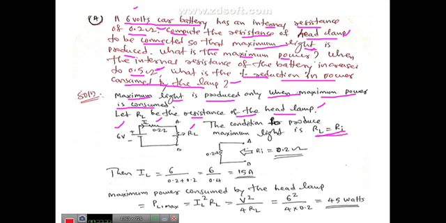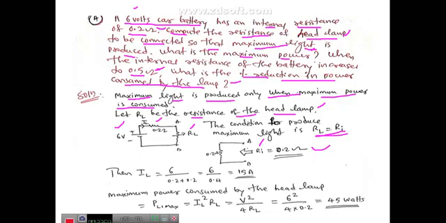To find RI, you have to remove the load resistor and replace the voltage source by its internal resistance. Then you look back into the network across the open circuited terminal and find the internal resistance of the circuit. That is nothing but RI. By looking at this, you get RI equal to 0.2 ohm.